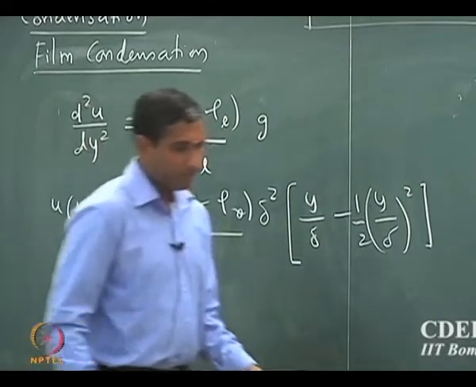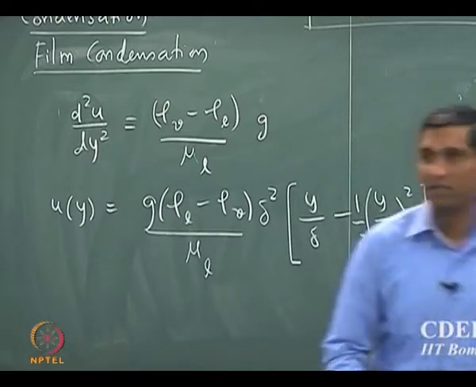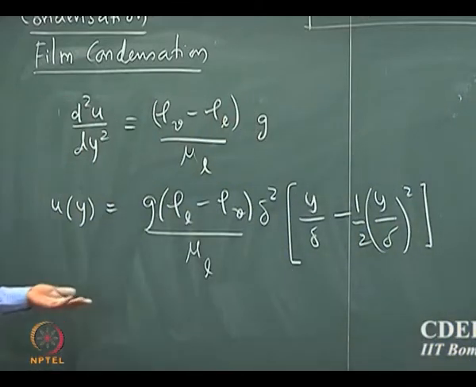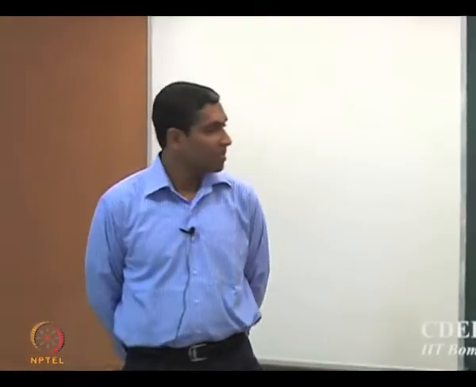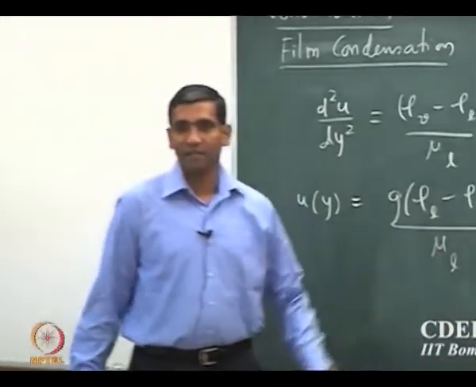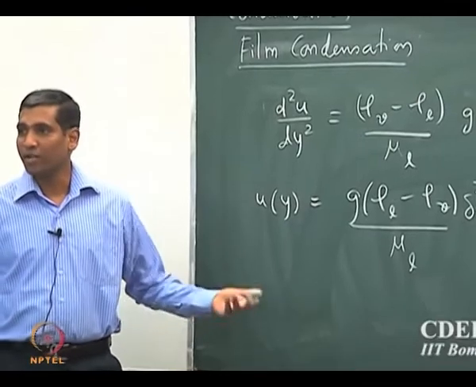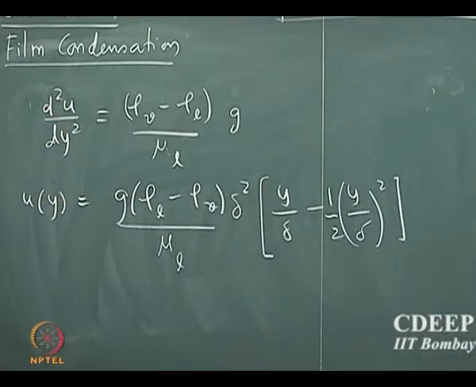Alright, so now, do we know the velocity profile from this expression? Yes or no? We don't know what delta is. We still don't know the velocity profile. So really the exercise here is to find the boundary layer thickness.